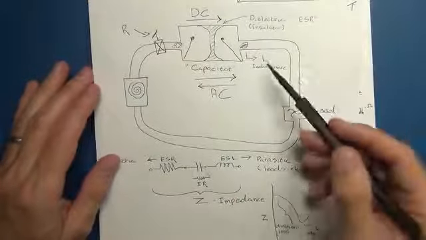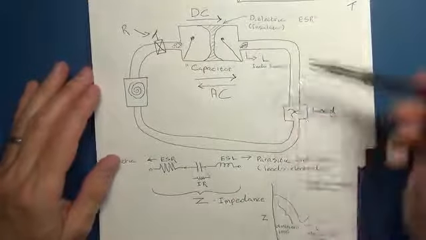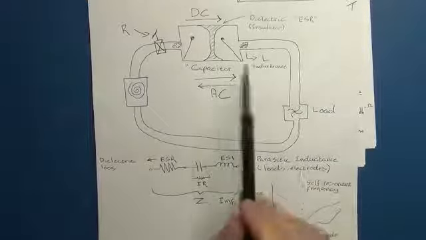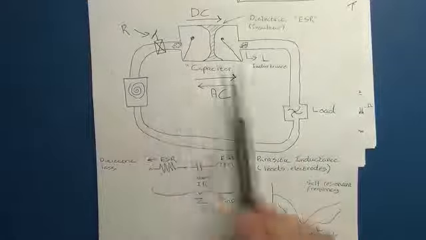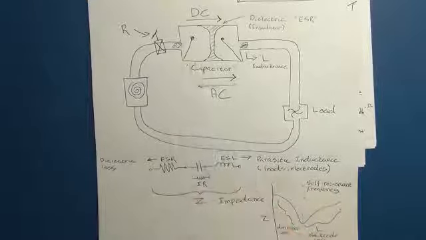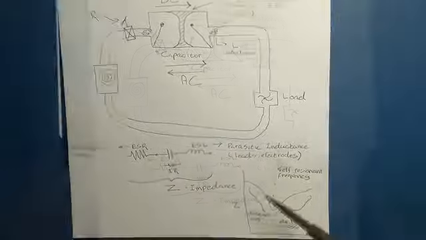So these are the things we want to understand: you have parasitic inductance associated with the leads and the electrodes of the capacitor. How does that affect things when you're applying AC across a capacitor? If you look at the diagram down here, I've got a diagram of impedance, the resistance to the flow of electricity, versus frequency.